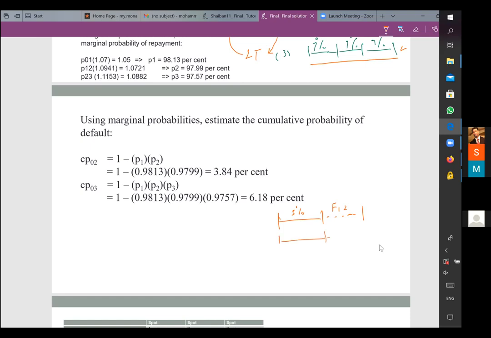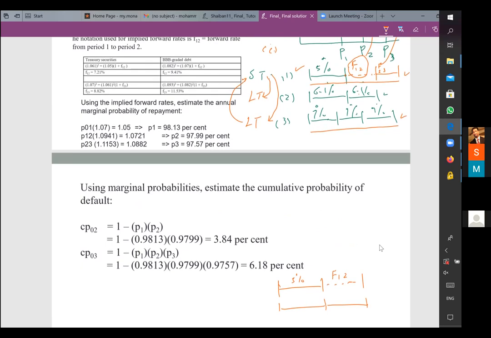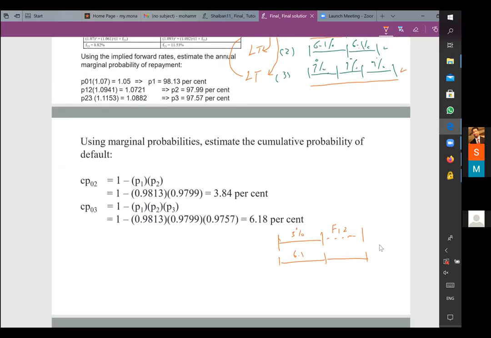I know this and this to be 6.1% and 6.1%.